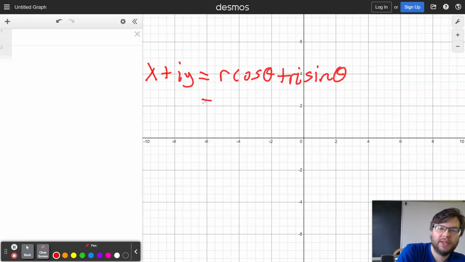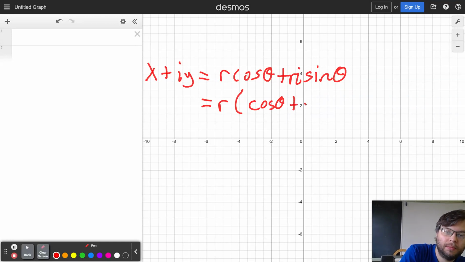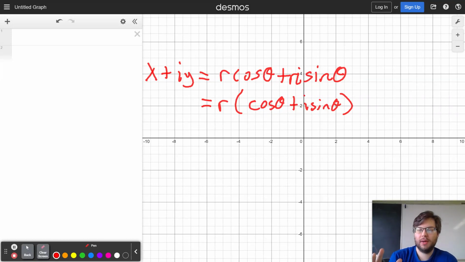What I want you to notice is the r value can be factored out to leave us with cosine theta plus i sine theta, like that. So it makes sense that I can think about what happens to the r values separately from how I think about what happens to the theta values.